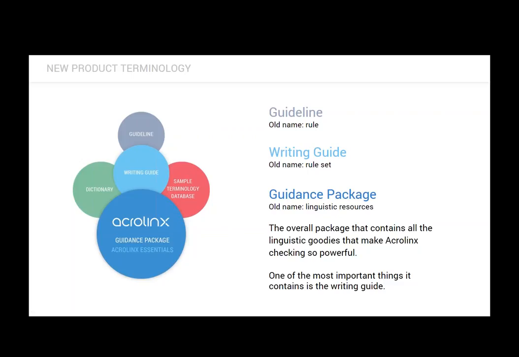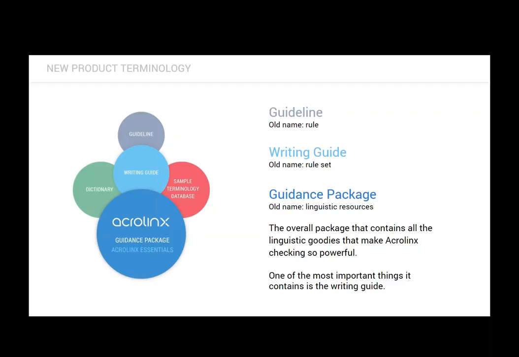So let's have a look at the slide. At the top we have the guideline. That's what formerly has been called a rule. As I said, we want to be more helpful, more friendly. So the rule was too strict a name for what we're really doing here.